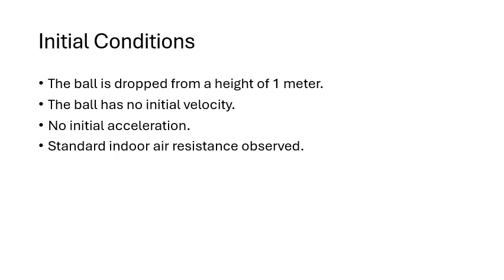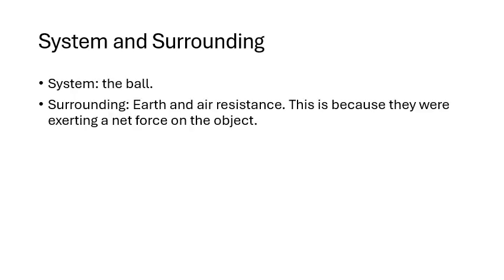For the initial conditions, the object was dropped and the initial velocity is just 0, from a 1 meter point. For the system, it's the ball, and the surroundings are Earth and air resistance.